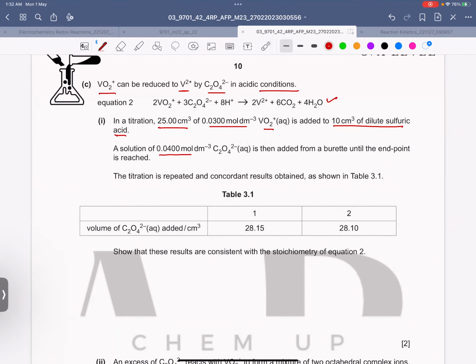A solution of 0.04 mol/dm³ C2O4 2- is then added from a burette until the endpoint is reached. The titration is repeated and concordant results are obtained as shown in table 3.1. Show that these results are consistent with the stoichiometry of the equation. What does this mean? We have to prove that the mole ratio of these two would be 2:3.